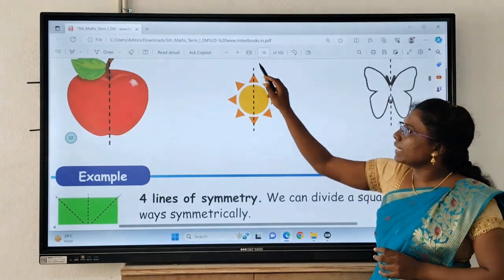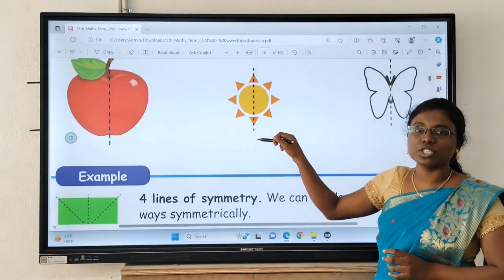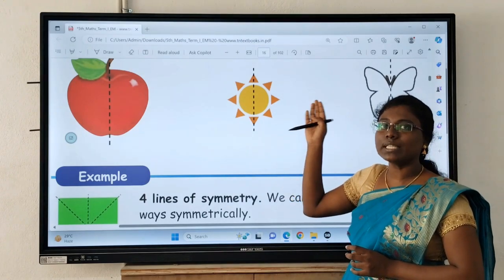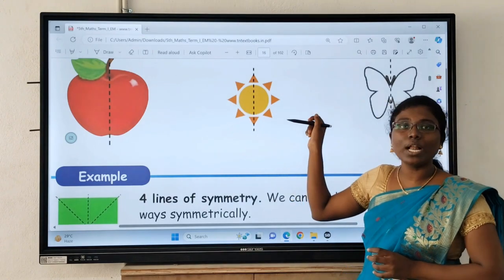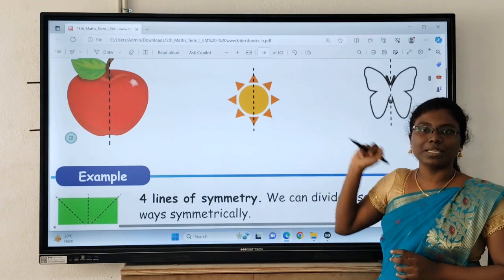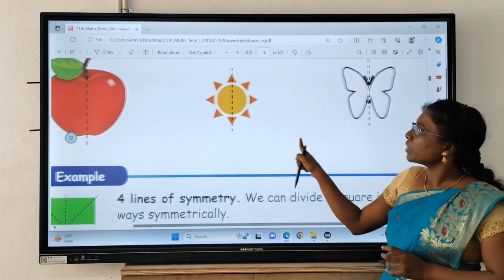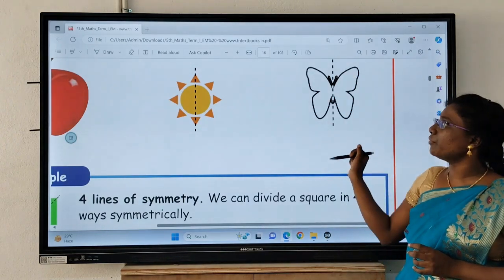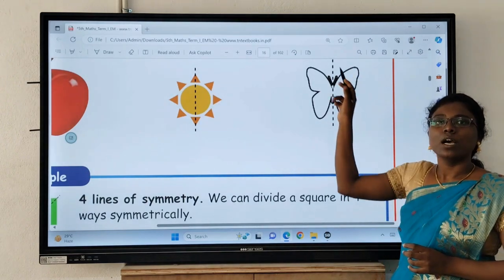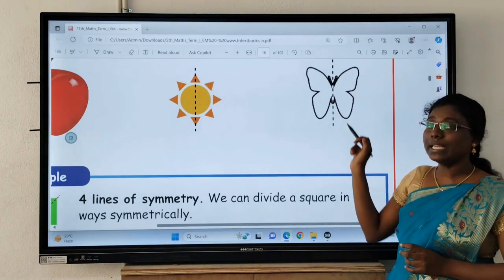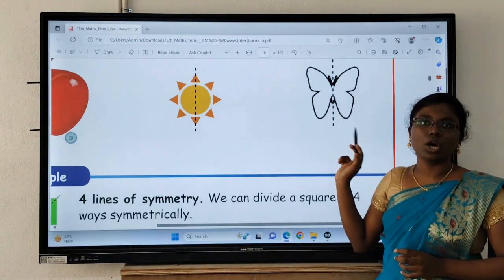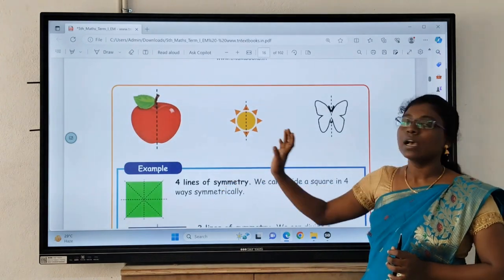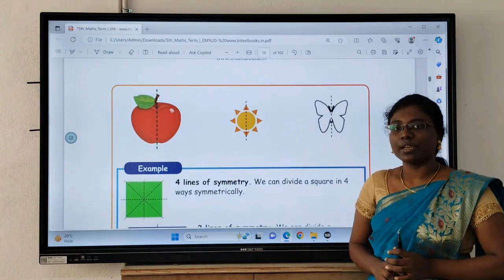In the center of the object I have split it into 2 halves, so this is called the line of symmetry. Next, a butterfly. In the center of the butterfly I have drawn one line. So this line is called the line of symmetry. These 3 are the examples for lines of symmetry.